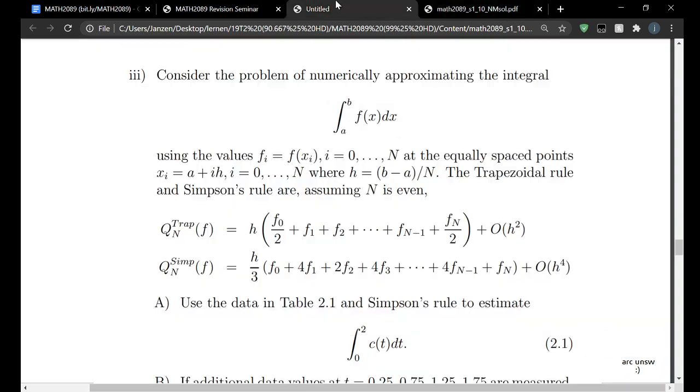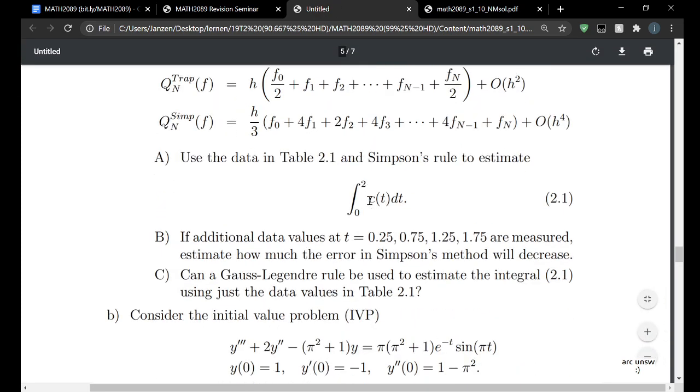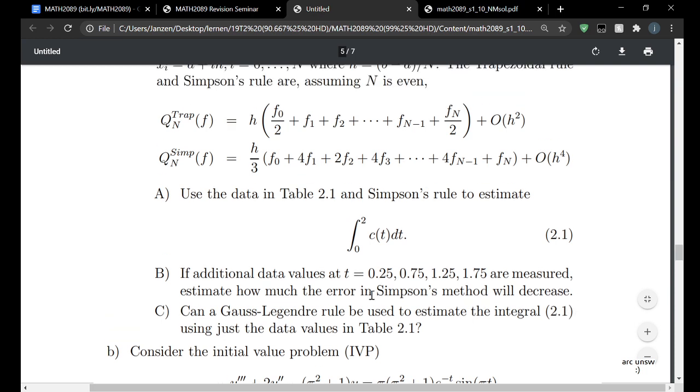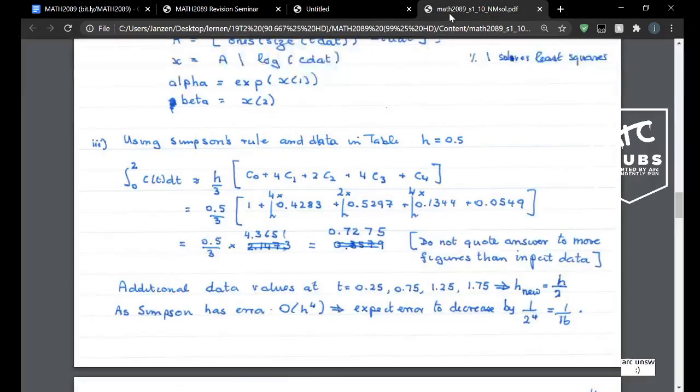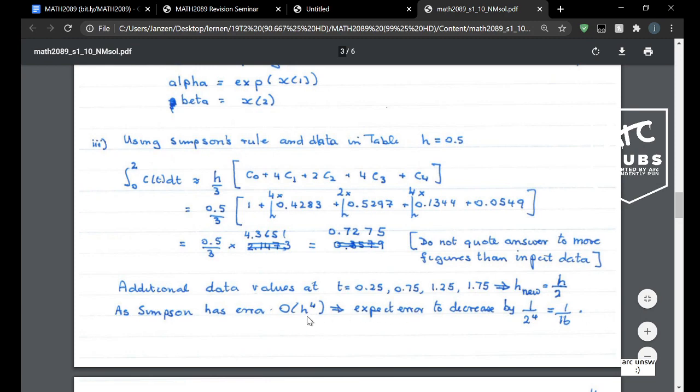The second part of the question was to estimate how much the error in Simpson's rule will decrease. Simpson's method has an error of h to the power 4, so we can substitute the h value.